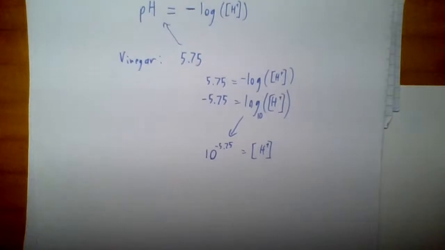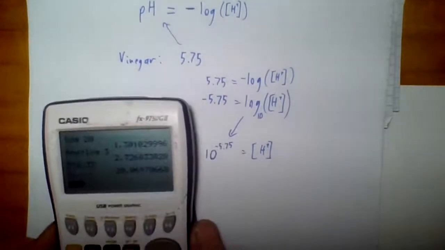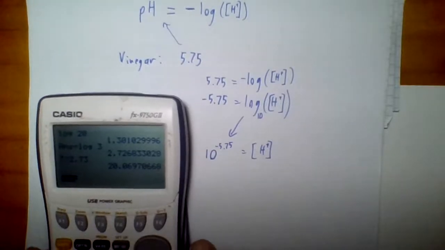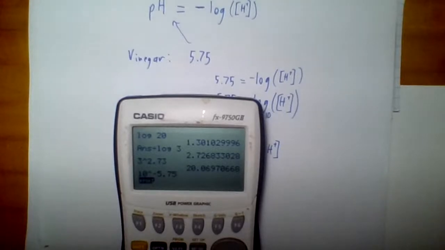So I can get the actual number if I calculate it. It's so small it might come out in scientific notation. 10 exponent negative 5.75 is the calculation that we want to do for that.